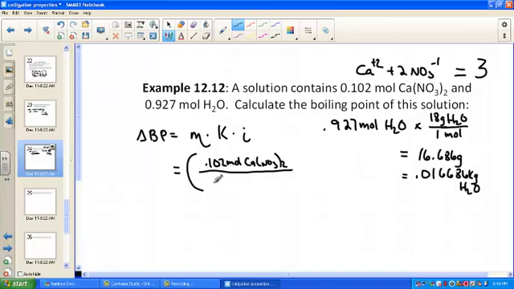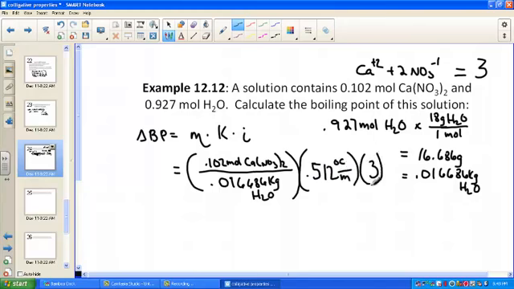0.927 moles of water we had to work out is 0.016686, plenty of decimals there, kilograms of water. We are boiling, so the boiling point elevation constant is 0.512 degrees Celsius per molal, and the van't Hoff factor is 3.